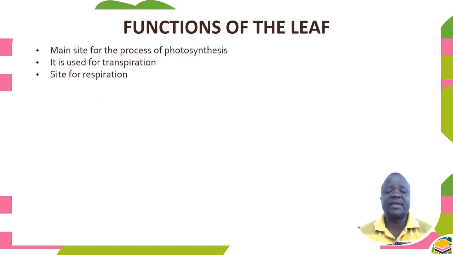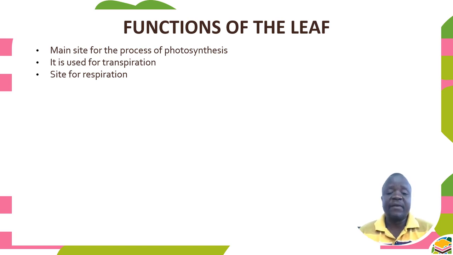Now, where exactly in plants does photosynthesis take place? We have areas where the plants are manufacturing the food. Not all areas have photosynthesis taking place. Photosynthesis takes place in specific areas. We have the leaf, so photosynthesis takes place in the leaf mainly.